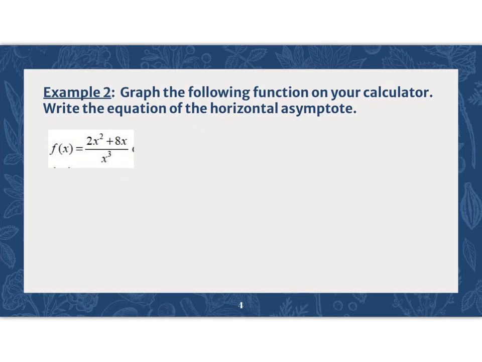Let's graph y equals 2x squared plus 8x, but this time we're going to divide by x cubed. And I'm going to hit graph. All right, I'm looking here. Let's see, what do we have?